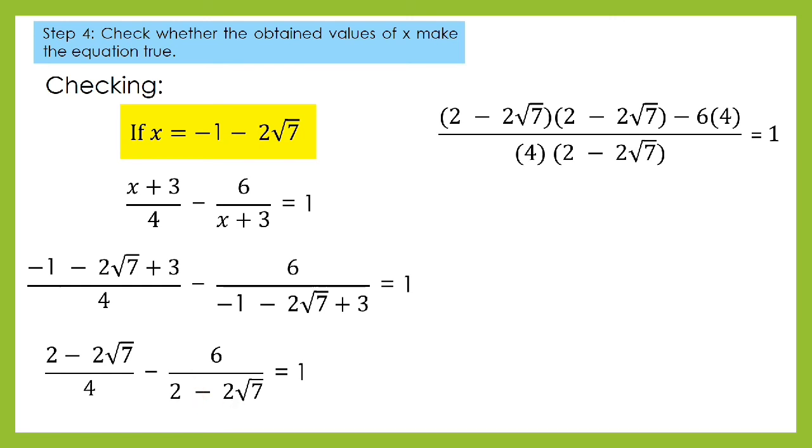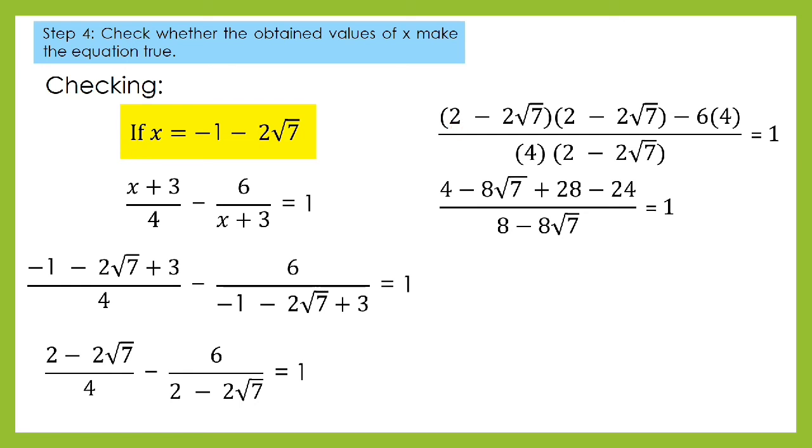So, meron tayong 2 minus 2 square root of 7 times 2 minus 2 square root of 7. And then, we get the numerator, the second numerator, times the first denominator. Okay, so we now have negative 6 times 4 equals 1. Next, we apply again the square of binomial.